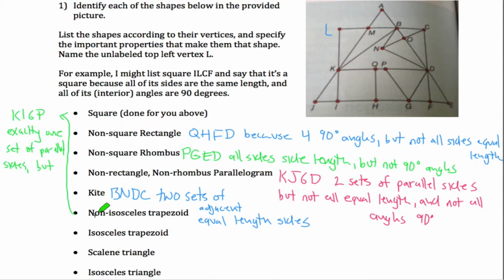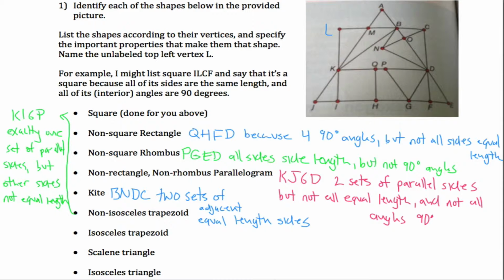But it's not isosceles, so the other sides are not equal length. Good enough.